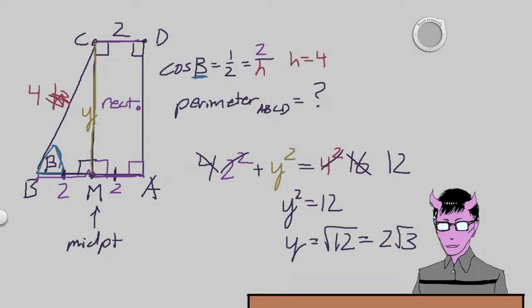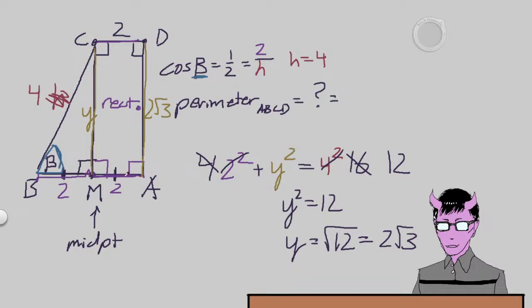Since this is 2 root 3, then because this is a rectangle, opposite sides are congruent, this one here is also 2 root 3. And that gives us the final side. All we need to do is summate all the sides to get the perimeter of ABCD. So in other words, that's going to be 2 plus 2.